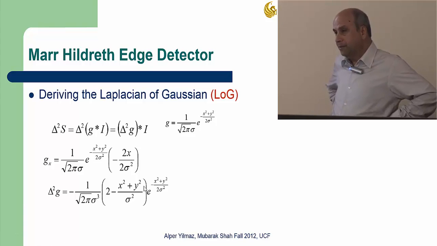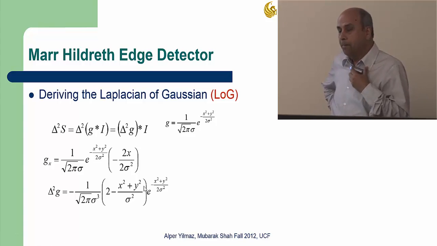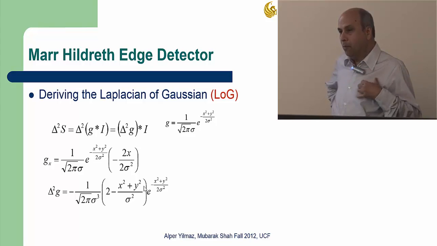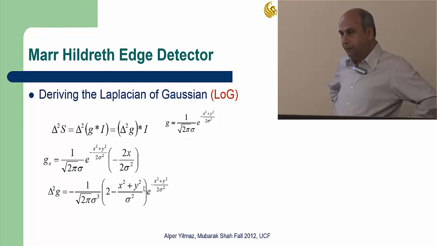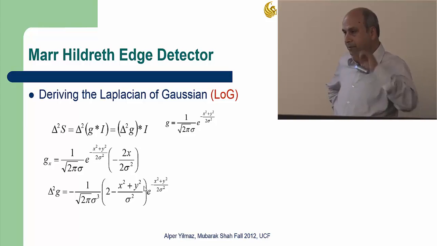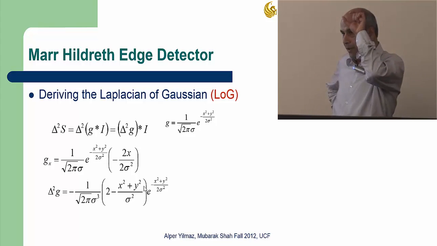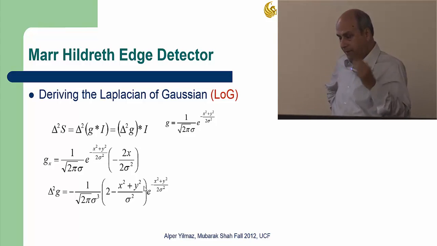That is called the Laplacian of Gaussian, and you should do that at home, and I think this may be a homework also. It's just practice for you to remember how the differentiation worked, what you did before in the calculus class, because the derivative of the exponential is the exponential, but then you have to differentiate whatever the exponent is with respect to that, and so on.